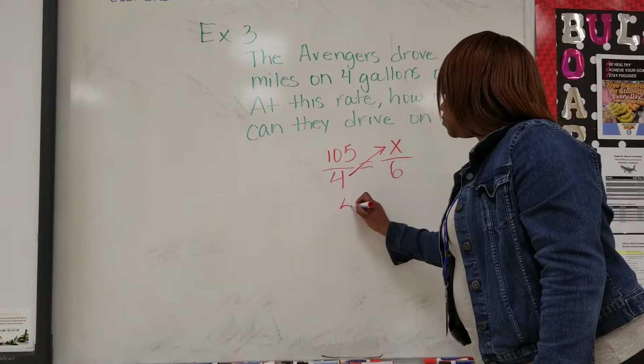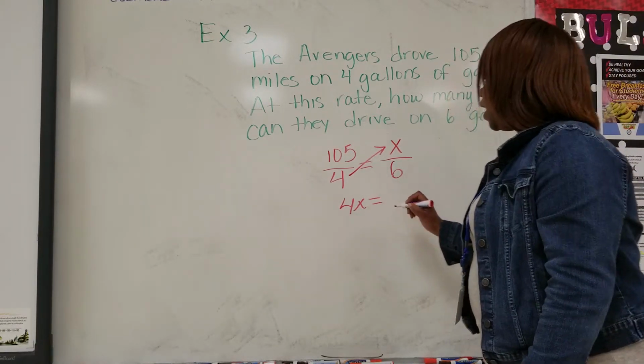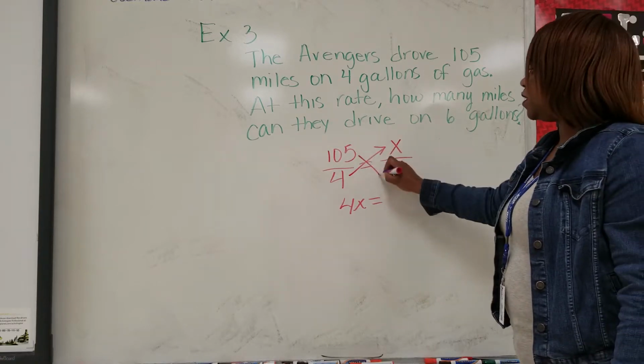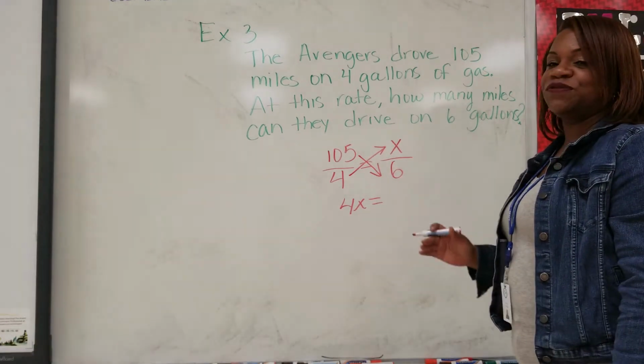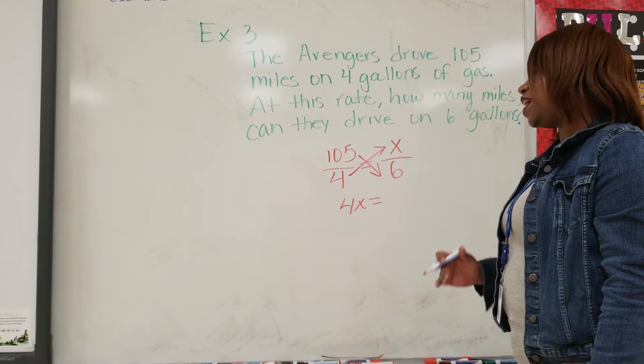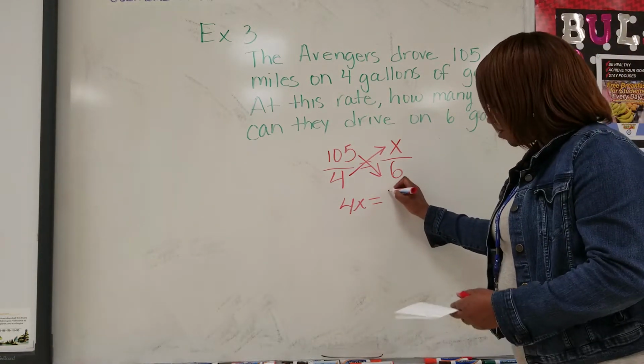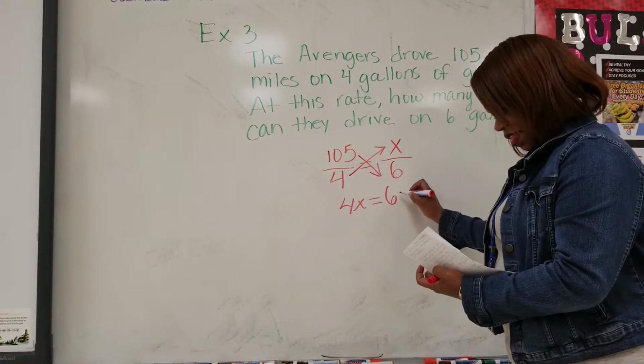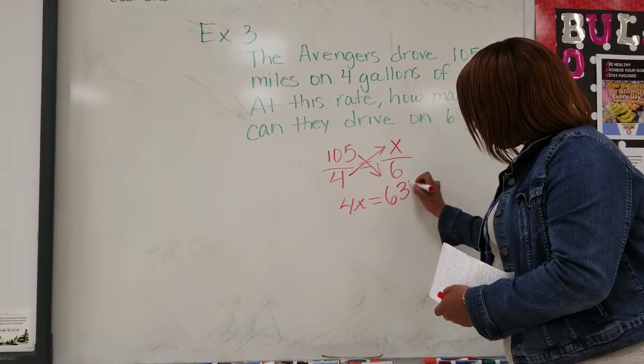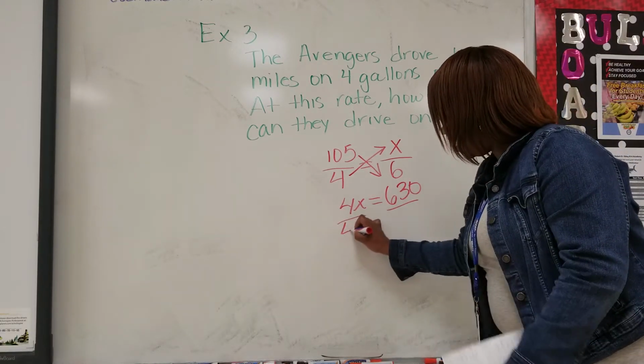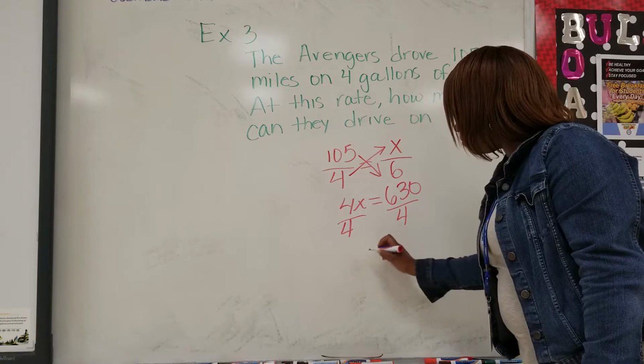4 times X will give us 4X, and 105 multiplied by 6 will give us 630. And from here we divide by 4.